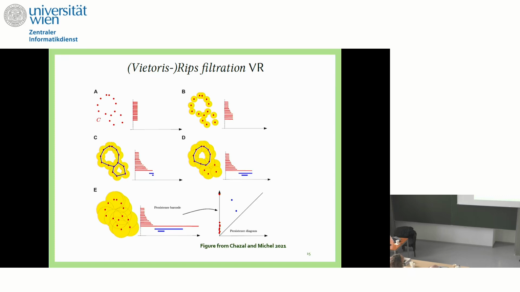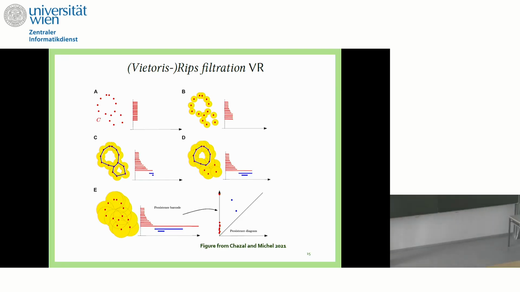So the birth and the death time as a 2D coordinate would give me these points that will, by definition, live above the diagonal, because the death always appears after the birth. So if you have some points that are very close to the diagonal, it means that these are very unstable elements, right? Because they appear and they die. So somehow the most interesting ones are the ones that appear quite far from the diagonal.